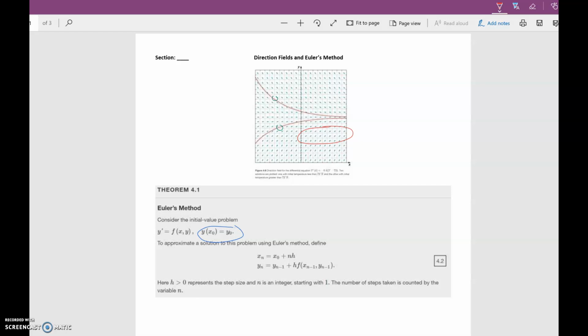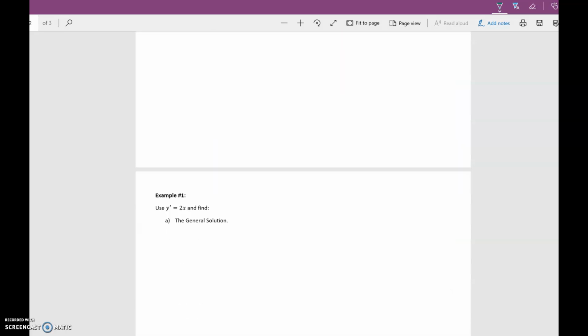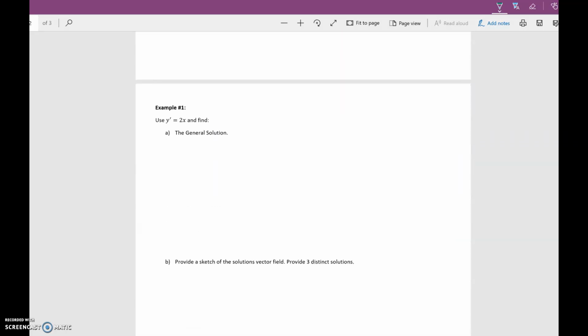Sometimes you cannot find a solution, you can only find an interval. So you would be able to determine that your solution only exists in this interval based on the information that it's given. Okay, so let's review a problem before we jump into Euler's method.